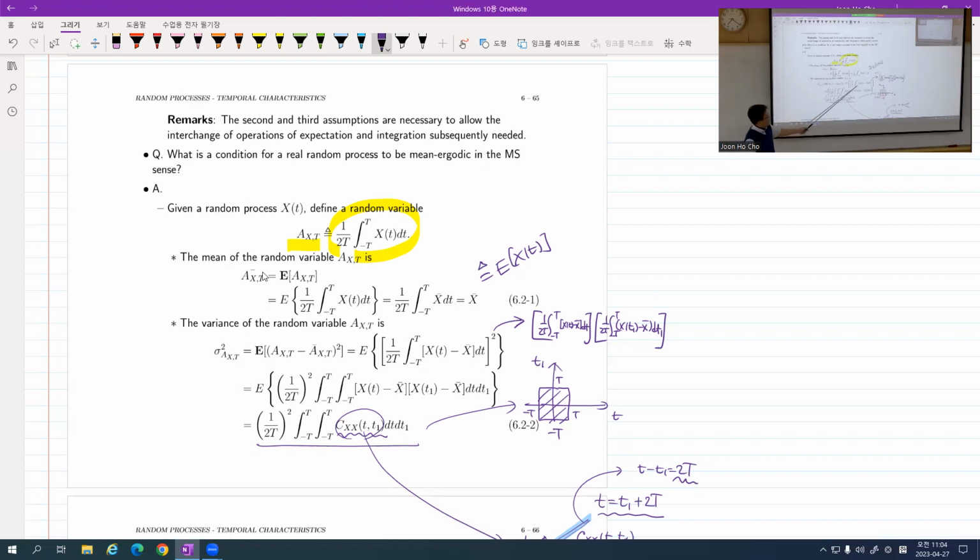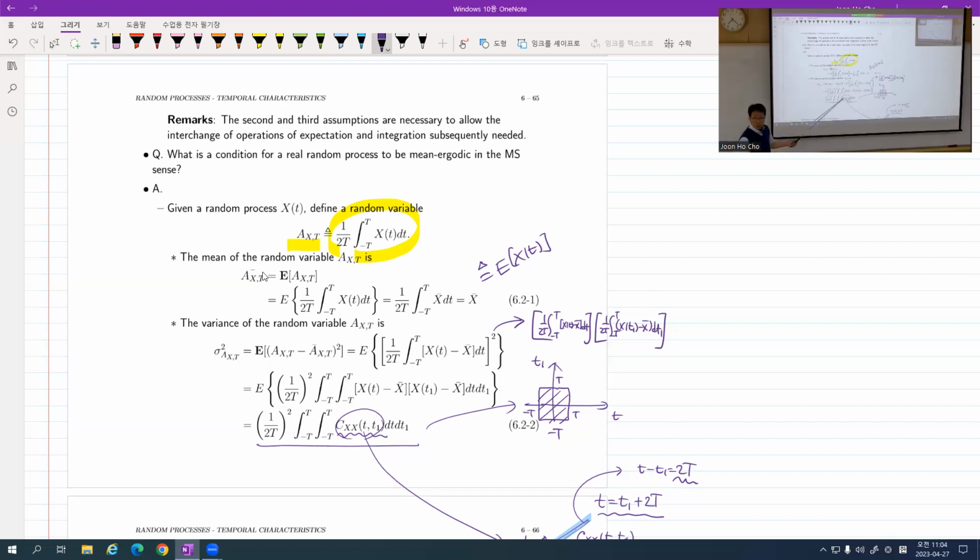After simple manipulation like this, probably you remember, whenever we have something squared where we have integration with some dummy variable, we should change one of the factors to have a different integration variable. So this expectation of the integral squared becomes a two-dimensional integration, as you see here. And this two-dimensional integration has an integration region in this T1 versus T2 plane, a square region.